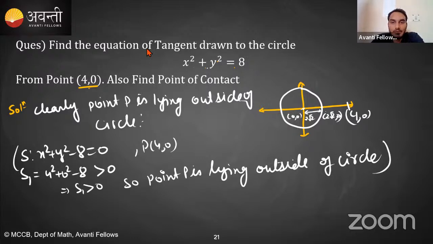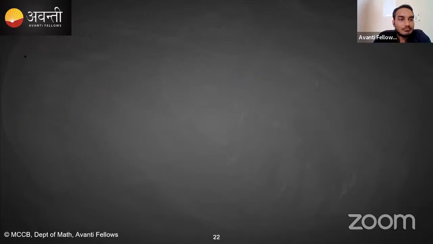Is that clear? Okay. Now our aim is to find the equation of tangent passing through this point P on the circle. That is very simple, right? We already know the direct procedure. So what is step 1?